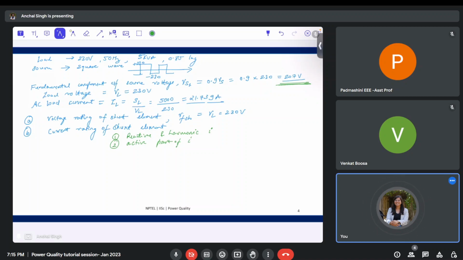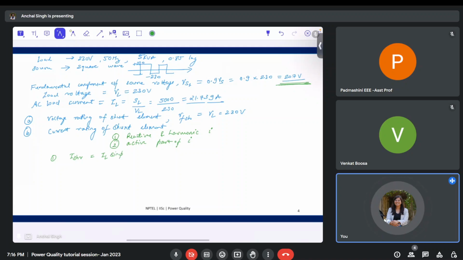Therefore these two components will decide the current rating of my compensator. Now, in order to find the value of these two components, the first thing I need is the reactive part of the component, right? So for the first component, let me call it ISHR. This component is IL into sine phi, right?